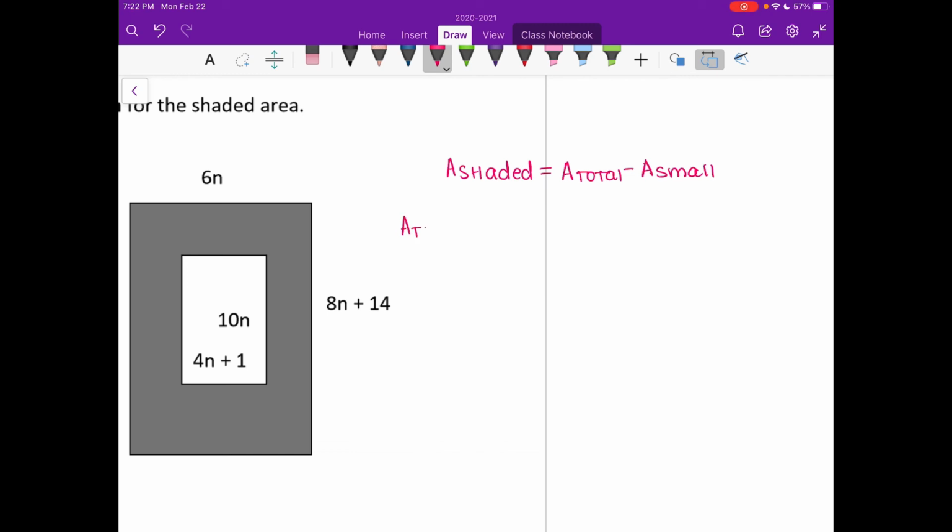So your area total is equal to the total box. Let's look. What's the length and width here, right? So the length here is 6n, and the width is 8n plus 14. Right? Now you just got to distribute. 6n times 8n is going to be 6 times 8 is 48. n times n is n squared.